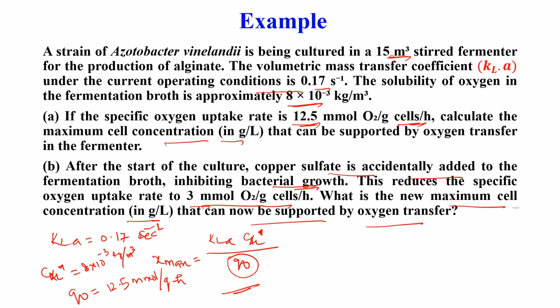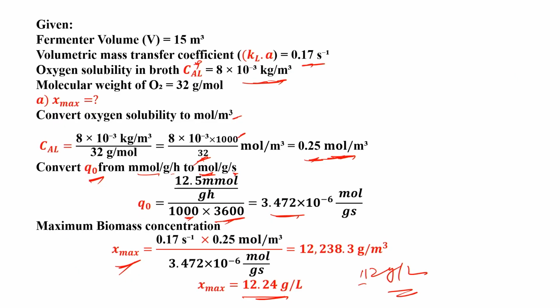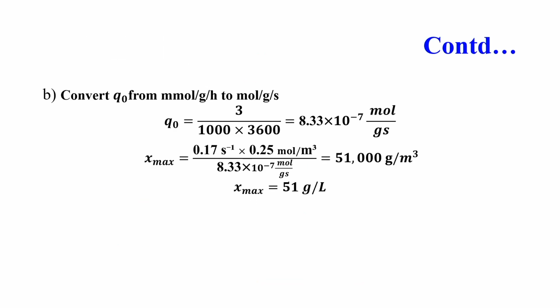Now, typically if we just see this, it was 12, now it has decreased to 3, meaning close to 4 times decline in the Q naught, the specific oxygen uptake rate. So, we can repeat the same thing here. This specific oxygen uptake rate was 3, and we can again convert it into mole per gram into second. Now, it becomes 8.33 into 10 to the power minus 7 mole per gram into second, and if you put the value here, X max is K_LA C_AL star divided by Q naught.